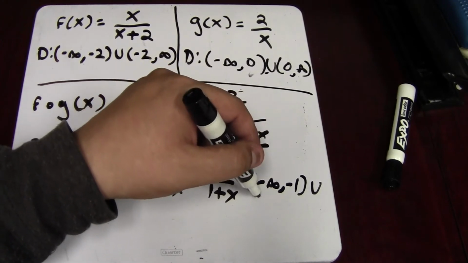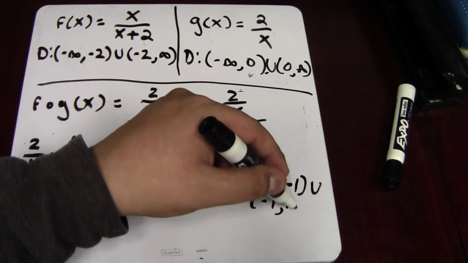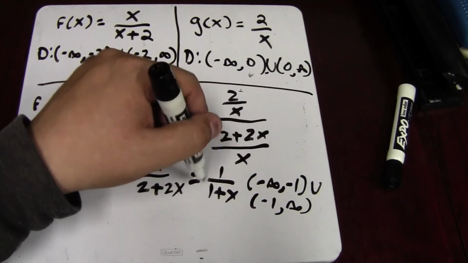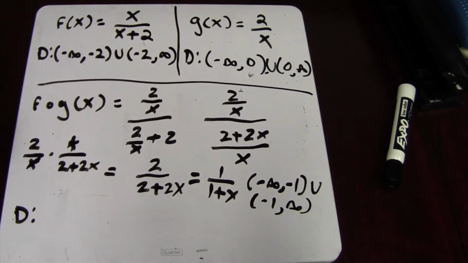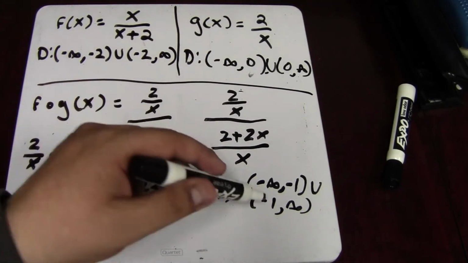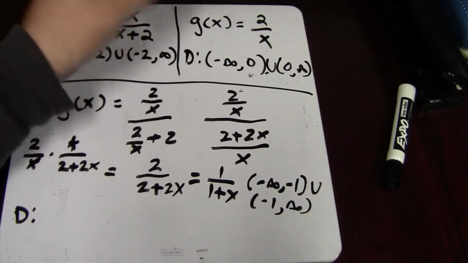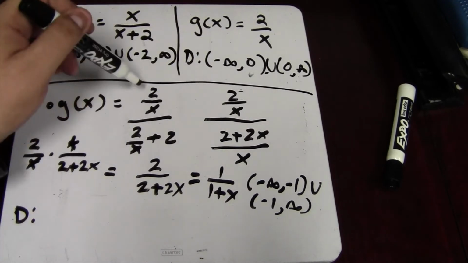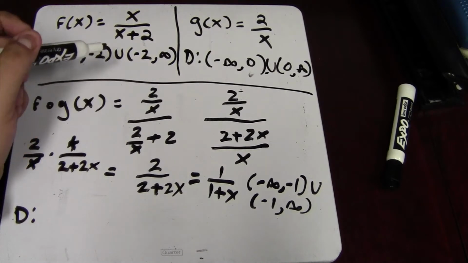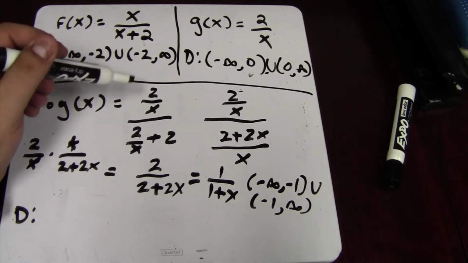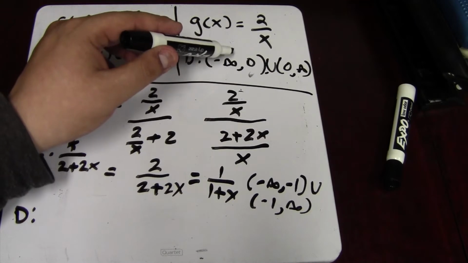That is, if we were just looking at this by itself somewhere else, that would be what the domain of this function is. However, because we've evaluated g into this, we plugged g into our function, we also have to take into account the domain of g.